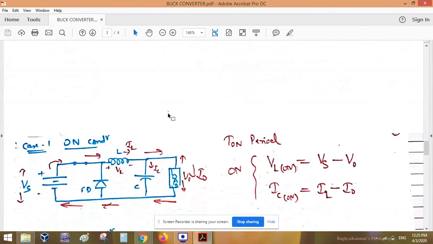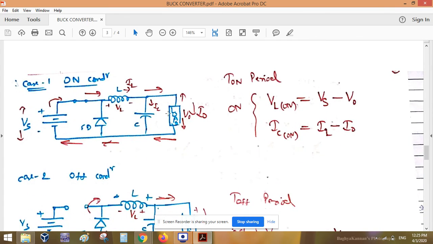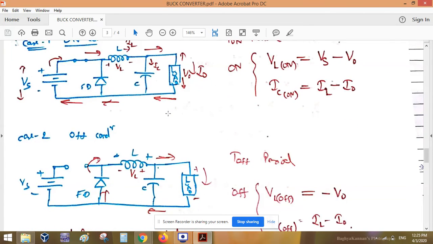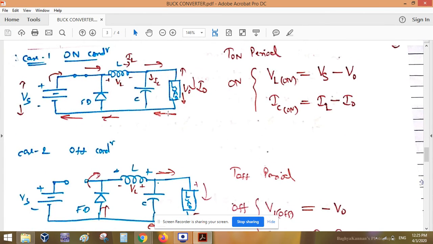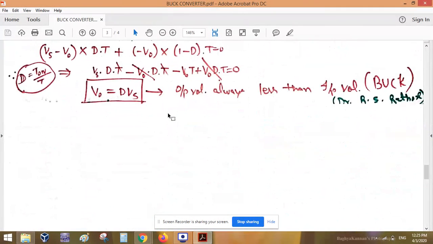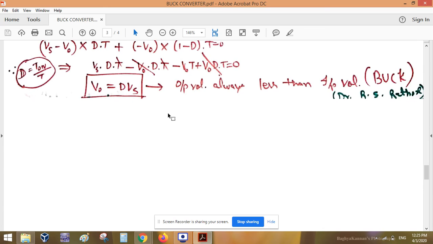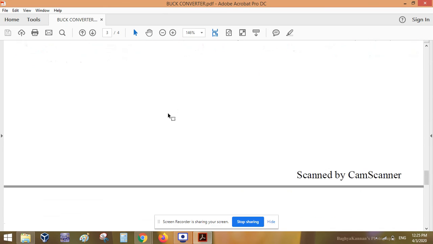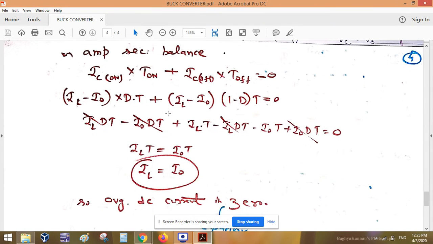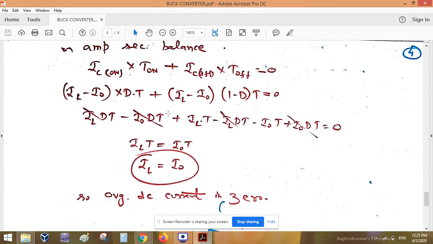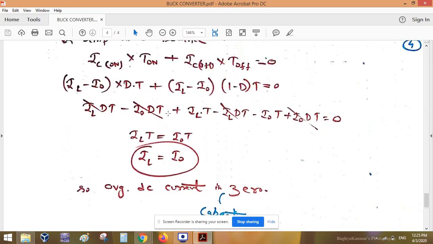After getting the waveform, we analyzed analytically that the output voltage is always less than the input voltage by a factor of D, which ranges between 0 and 1. For the buck converter with efficiency of 90%, the value of D is around 90%. And finally, we proved that the current flowing across the capacitor is 0.